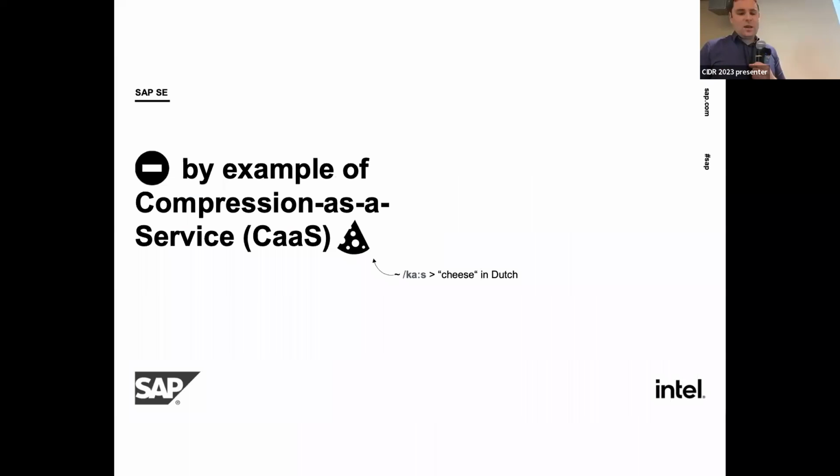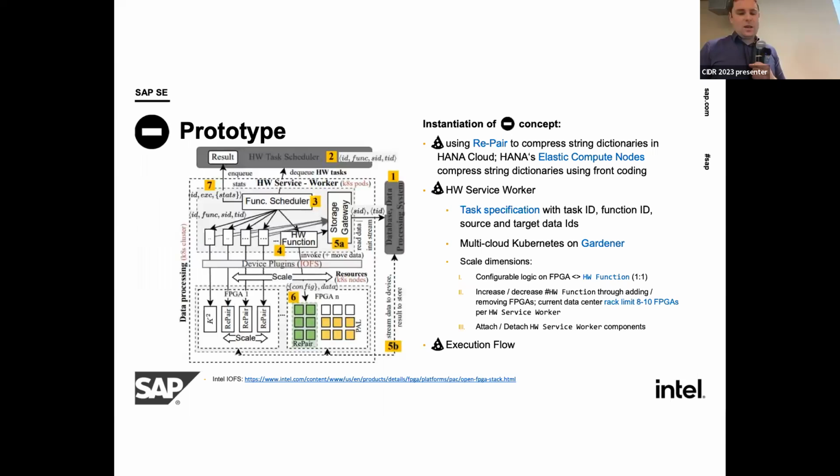So we also implemented it as a system in FPGAs. With FPGAs, especially in the cloud, it's even more difficult. We call it compression as a service, or CaaS for short. It's basically an instantiation of our concept.